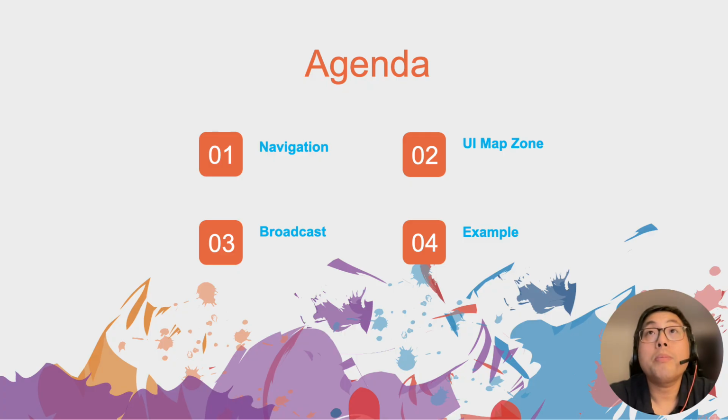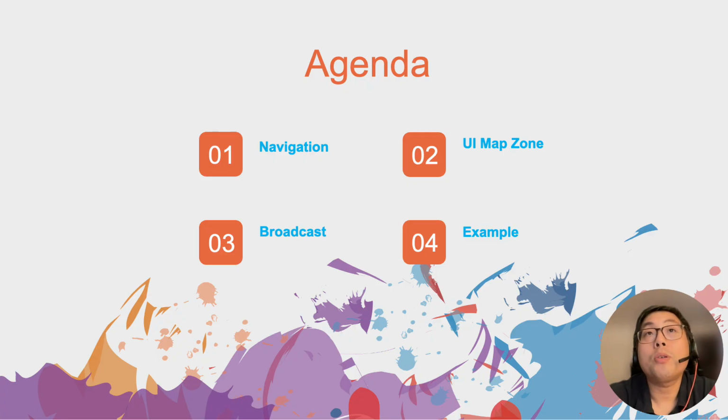So this I would cover as the navigation part. Then we'll have a quick look at the UI map zone. Zones have many usages in C2M, and one of the most important is when we create a UI map, we want to use the zone to query the data behind it and to display that on the UI as well.